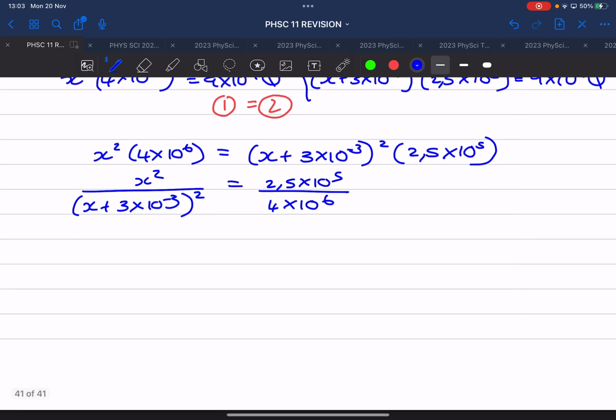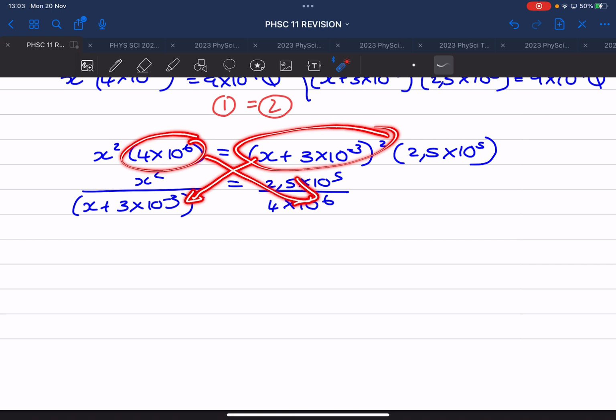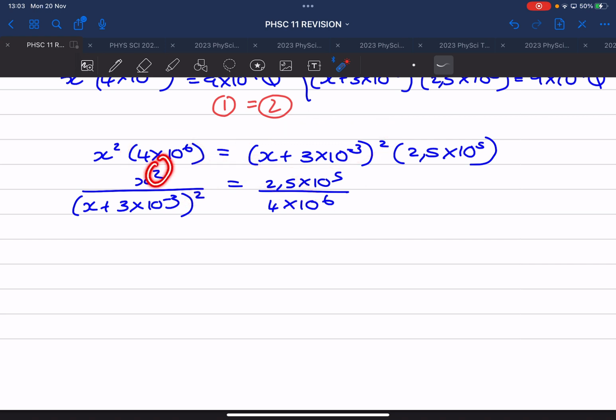Okay, al wat ek gedoen het, the only thing I did is I took that now to the bottom and that to the bottom. Now I have two squares there. Hoe raak ek ontslaaf van kwadrate? Vierkantswortel, square root. What I do on the one side, I must do on the other side.